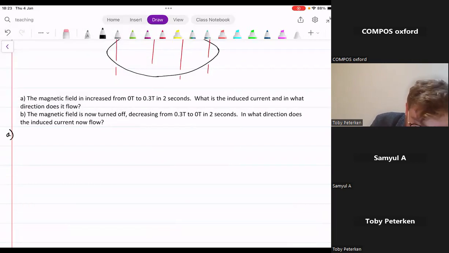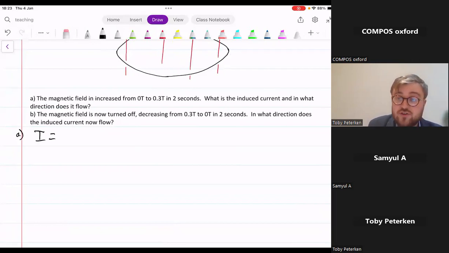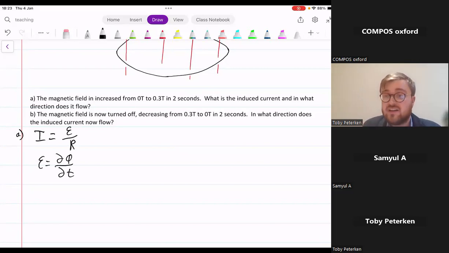So, say the current is equal to voltage, which remember was the same thing as EMF, so EMF divided by resistance. EMF is the rate of change of flux. I'm still not writing the minus sign, just because we're going to work out the direction separately.